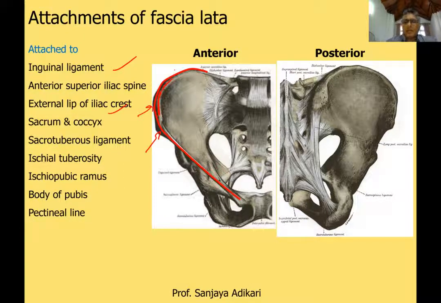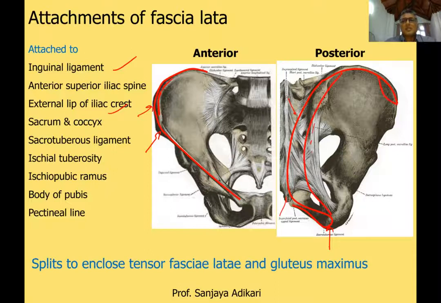Then at the back, the fascia lata is attached to the posterior superior iliac spine, and the sacrum, coccyx, sacrotuberous ligament, and the ischial tuberosity here, and it splits to enclose two muscles. One, the tensor fasciae latae muscle here, a small muscle, and the gluteus maximus muscle here, a large one. So it splits to enclose these two muscles.